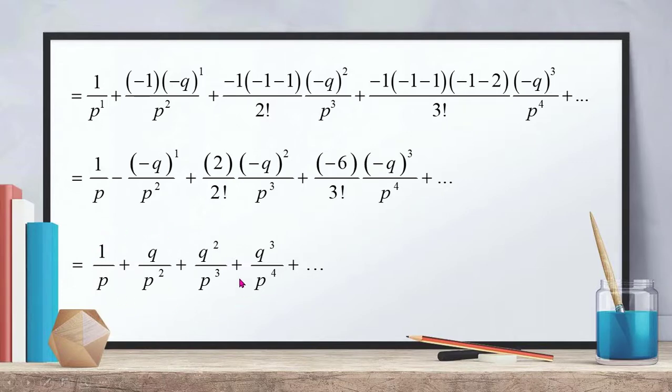Or, if you love it, you can even include the 4th term. Please don't go ahead. You'd simply be wasting time to include the 5th term and the 6th term, and so on and so forth. So this is how we expand binomial expressions raised to a negative power.